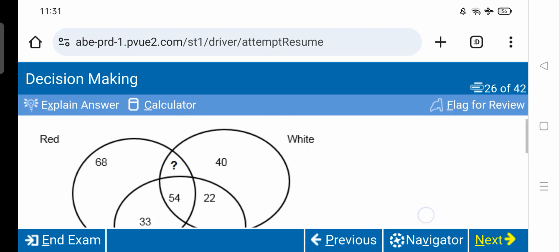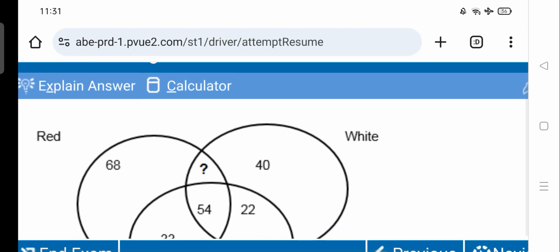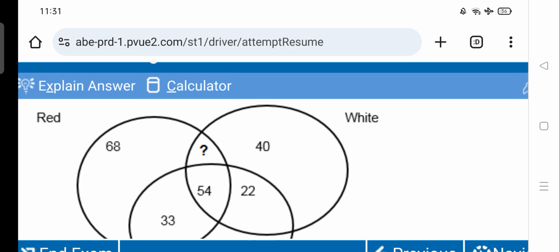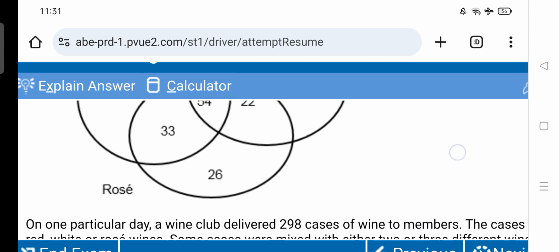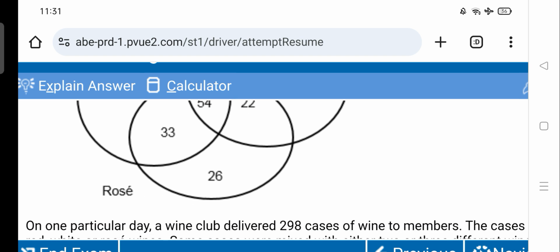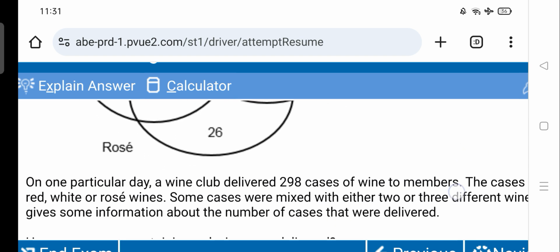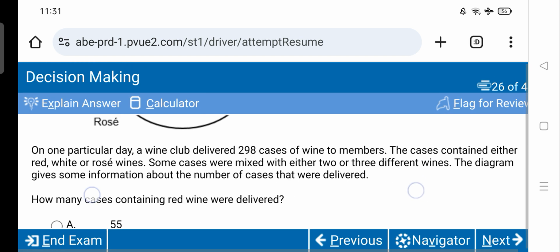So next we have a diagram. First we have a red color. It represented this number 68. Then we have white and rosé. On one particular day, a wine club delivered 298 cases of wine to members.